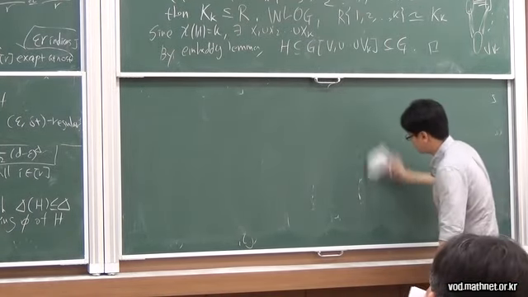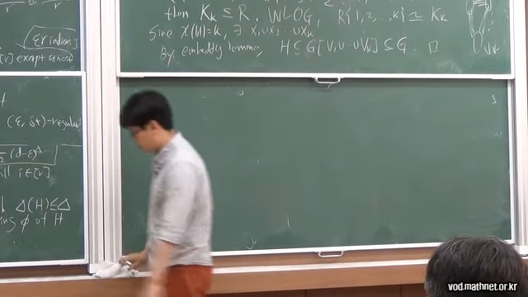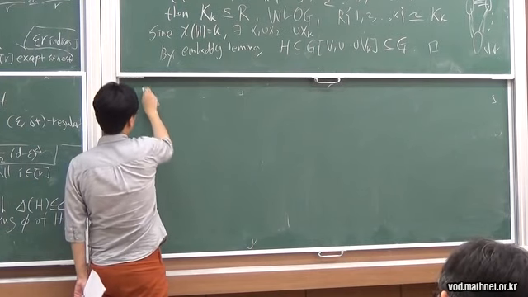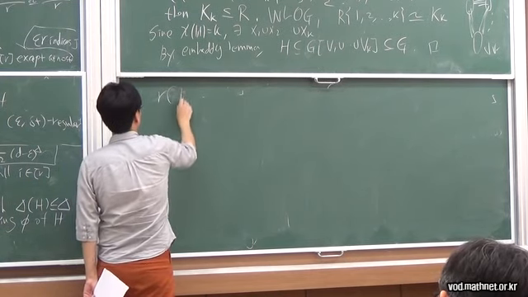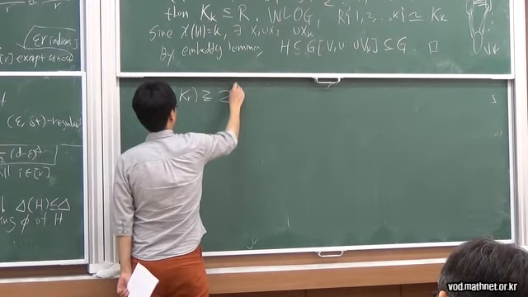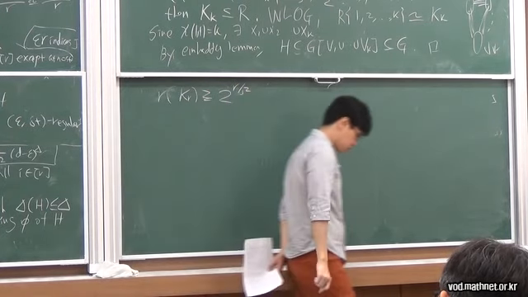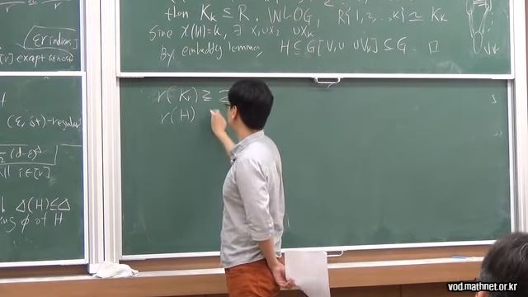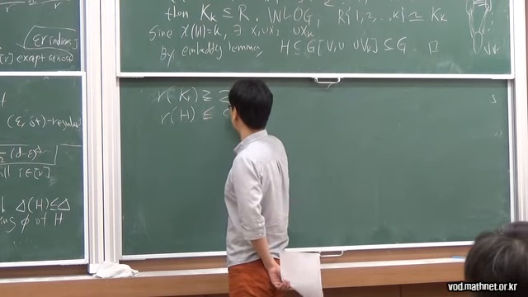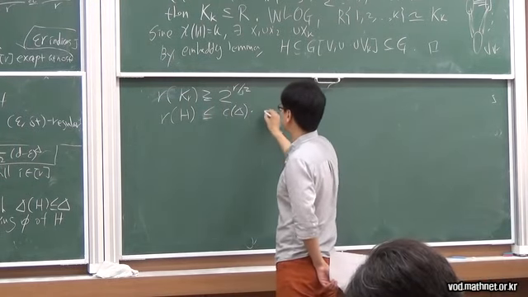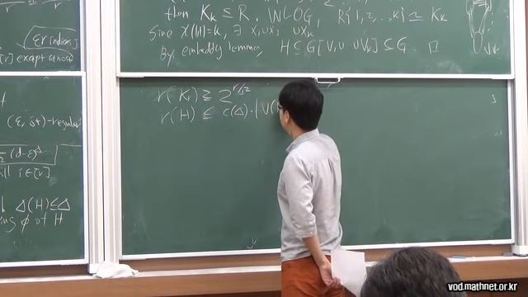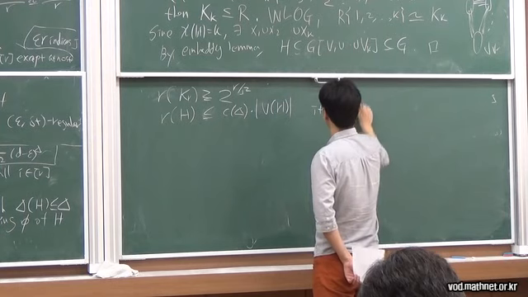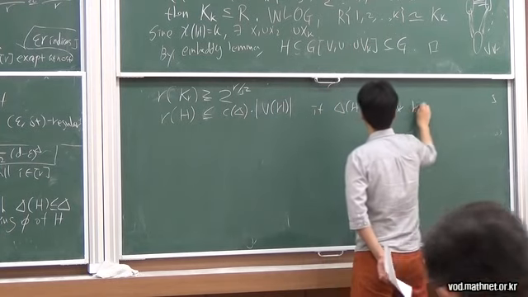As I mentioned yesterday, on the first day we showed that the Ramsey number of K sub r is exponential in the size of H. And then yesterday we showed that the Ramsey number of H is bounded by some constant times the size of H if its maximum degree is bounded and H is bipartite.